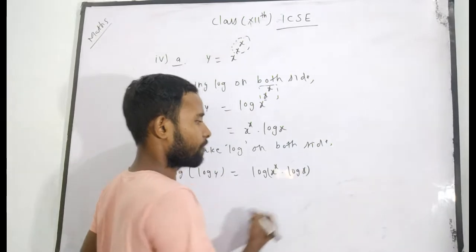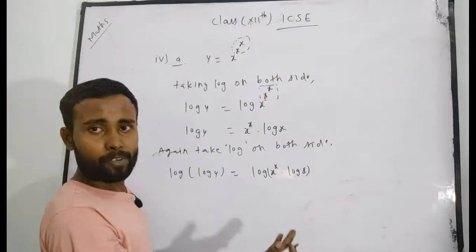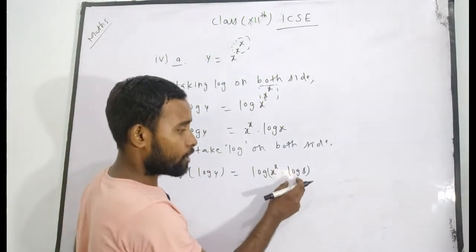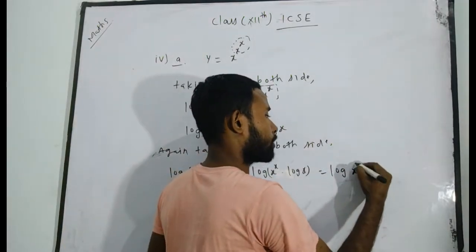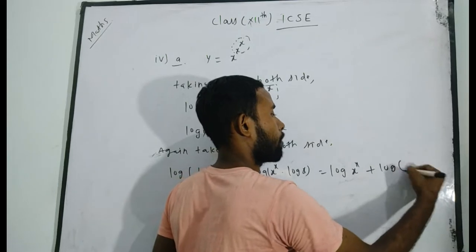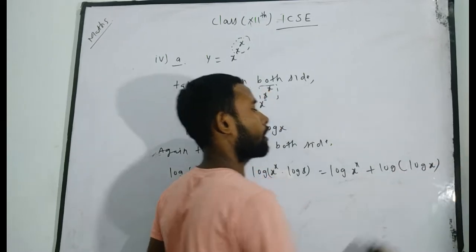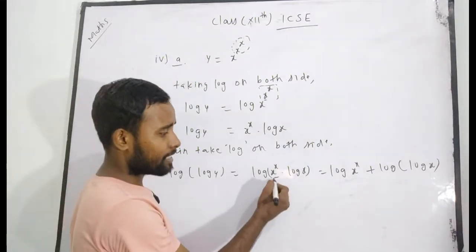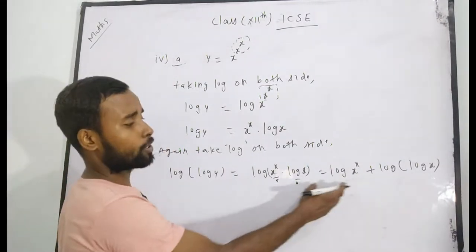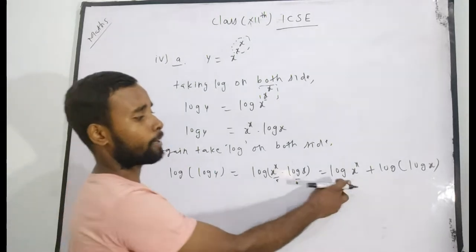I think you know very well it is in multiplication form. Definitely log a into b is equal to log a plus log b. That means log x to the power x plus log x. Now it is very simple. This is a, this is b. Log a into b is equal to log a plus log b.